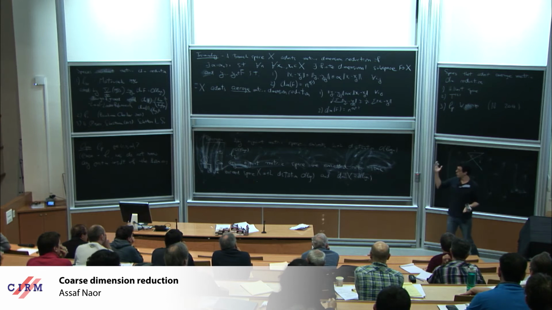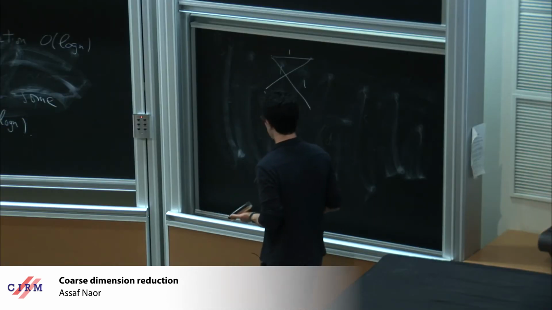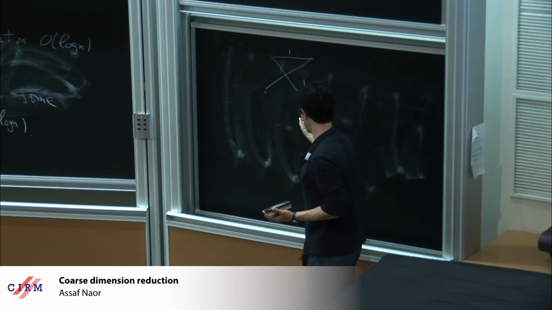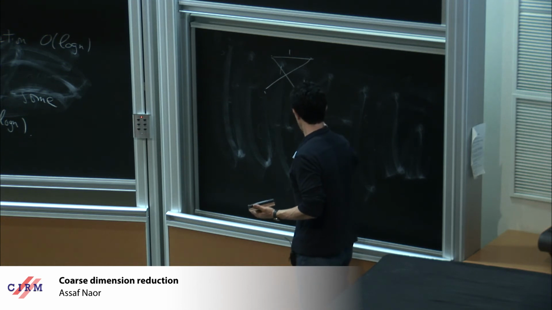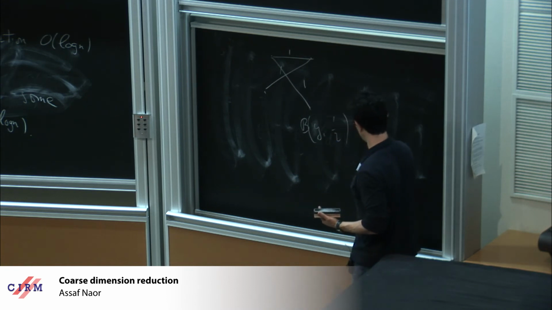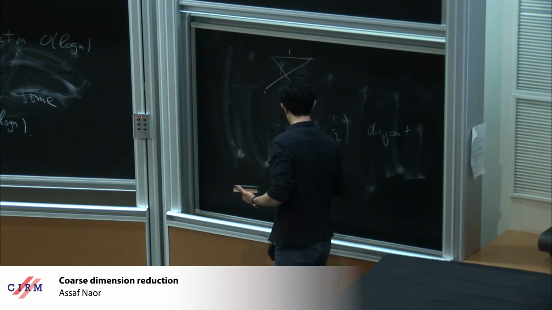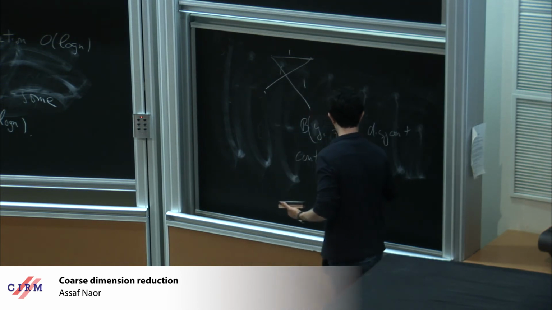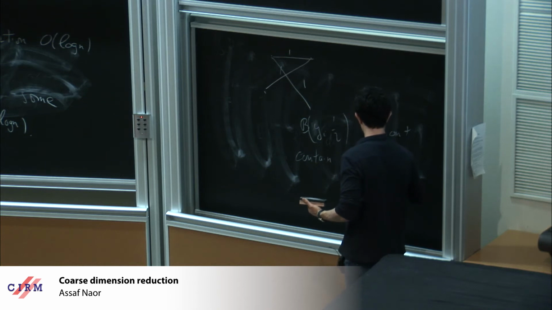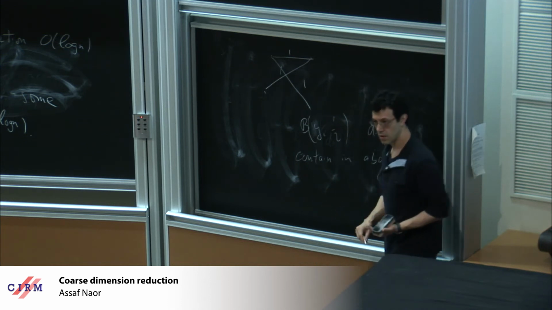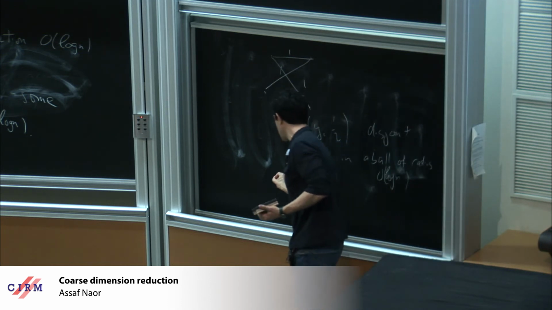But if you allow alpha to be log n, then you have balls of radius a half, where the y_i's are disjoint, but the alpha is log n, and they're contained in a ball of radius big O of log n. So what does this force the dimension to be?